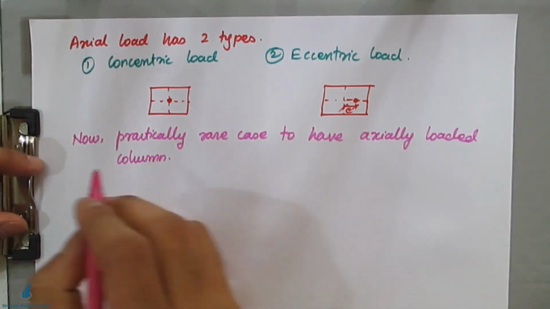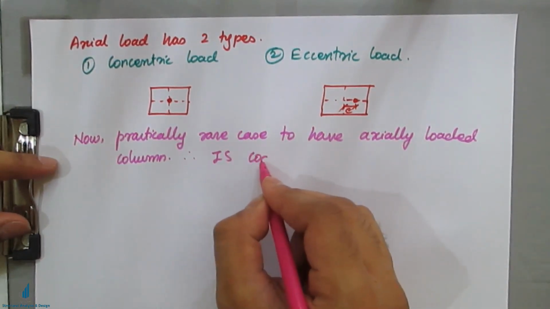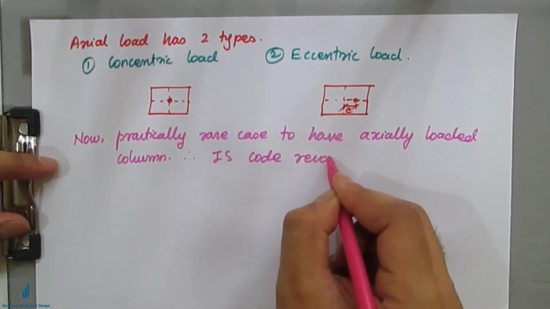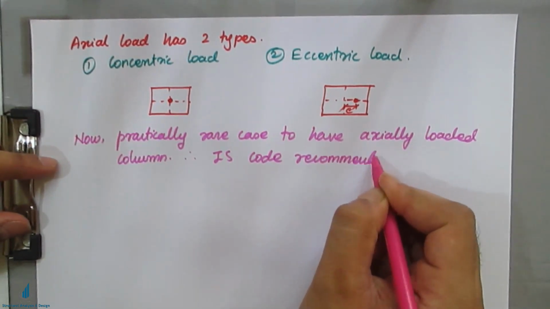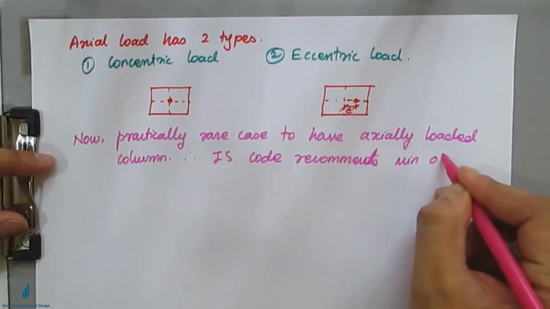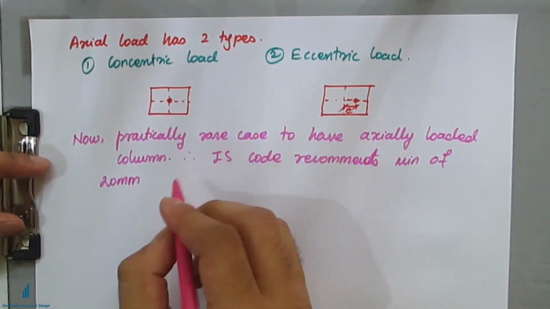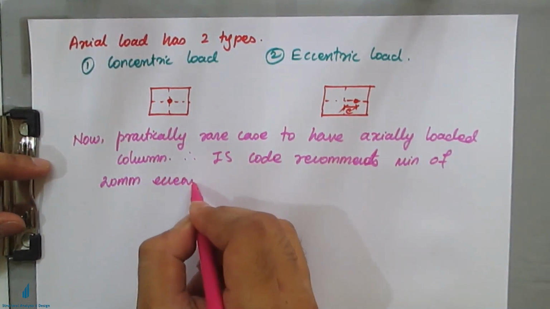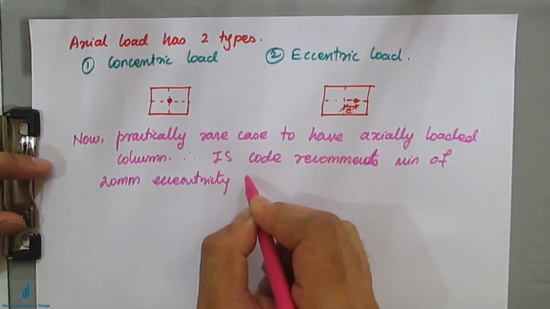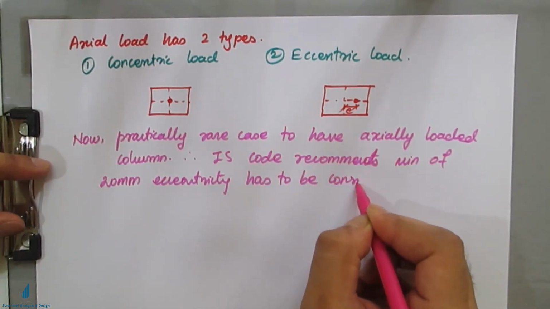So therefore the IS code recommends a minimum of 20 mm eccentricity has to be considered.